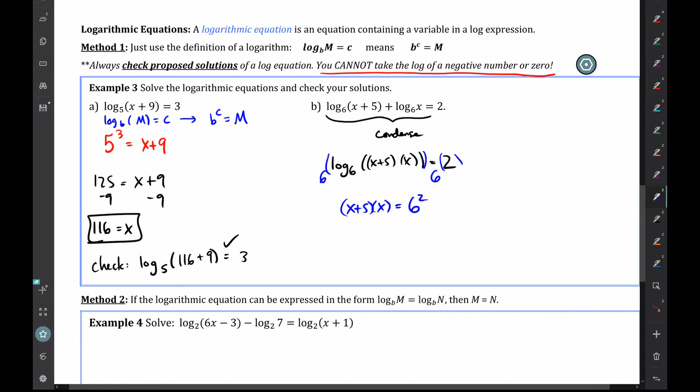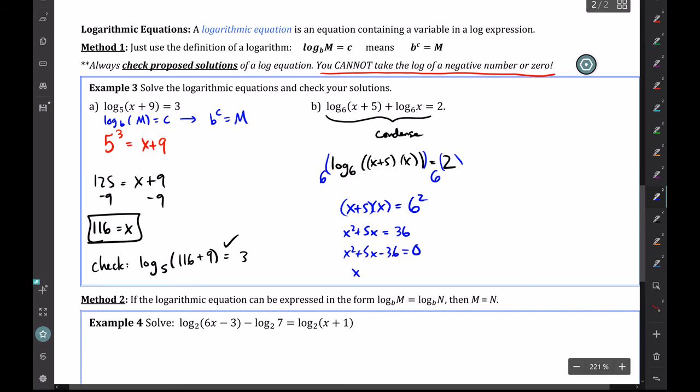So we have what? X squared plus 5x equals 36. Or in other words, x squared plus 5x minus 36 equals 0. And I think we can solve that by factoring. Let's see, what would add up to give me negative 36 and have a difference of positive 5.